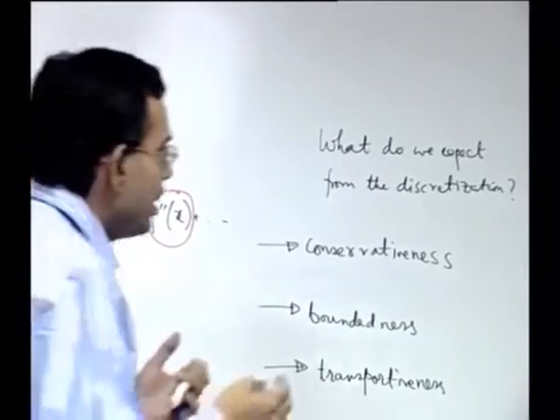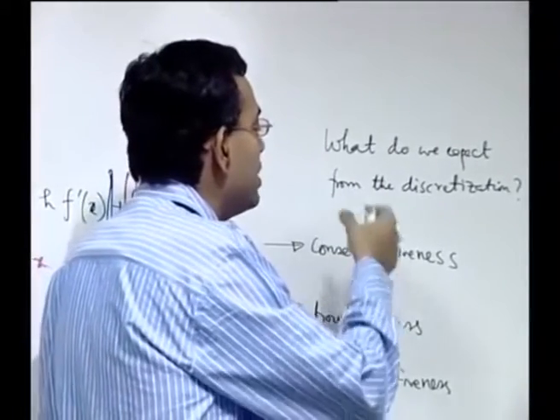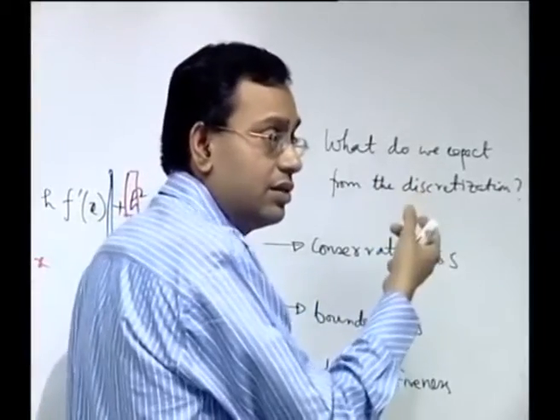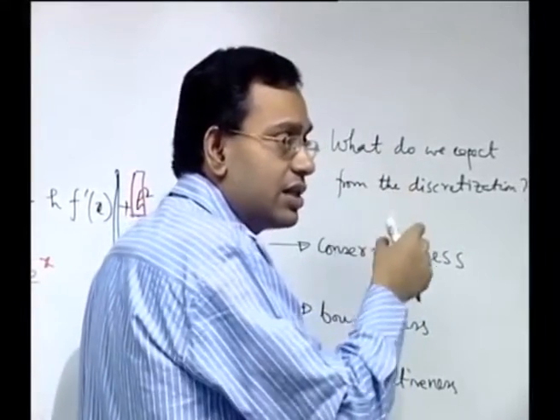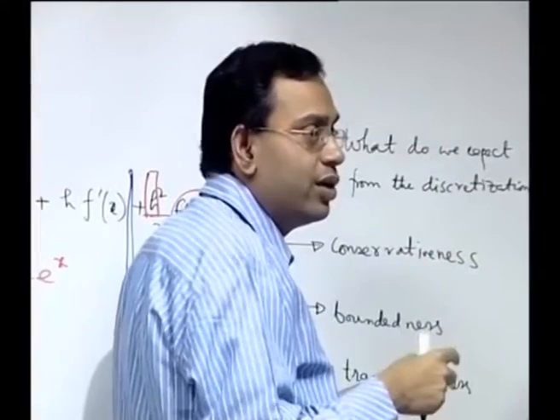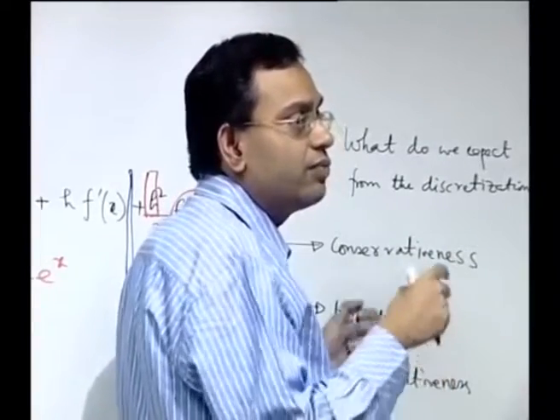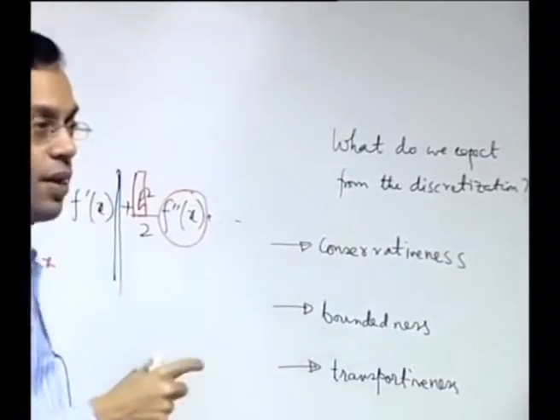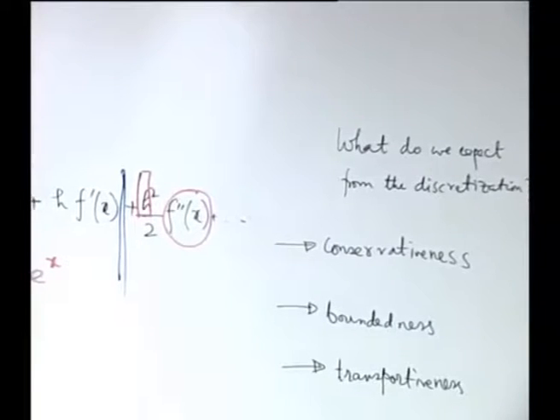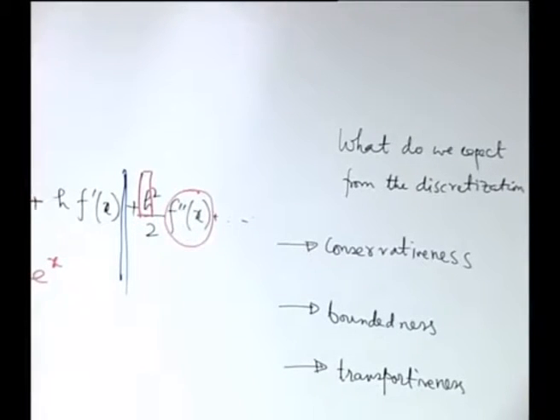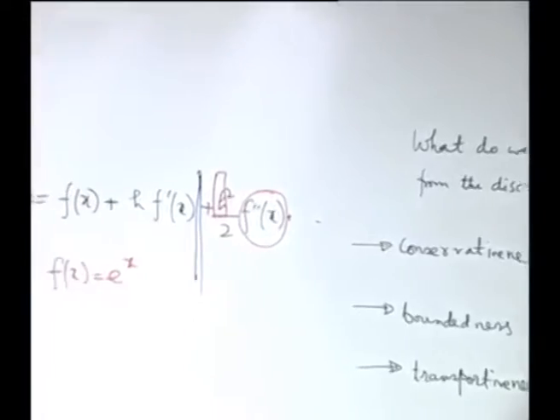So if it is a problem where the physical requirement is the momentum conservation, then your discretized equation summed up together over the entire domain should ensure conservation of momentum over the entire domain, that the equations must do.